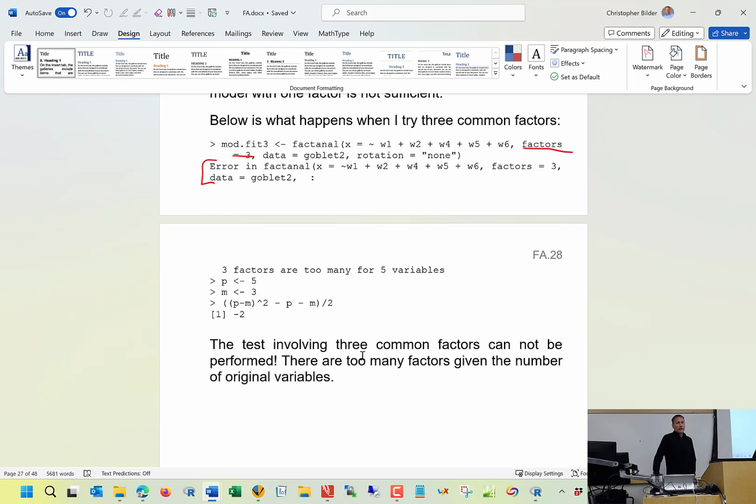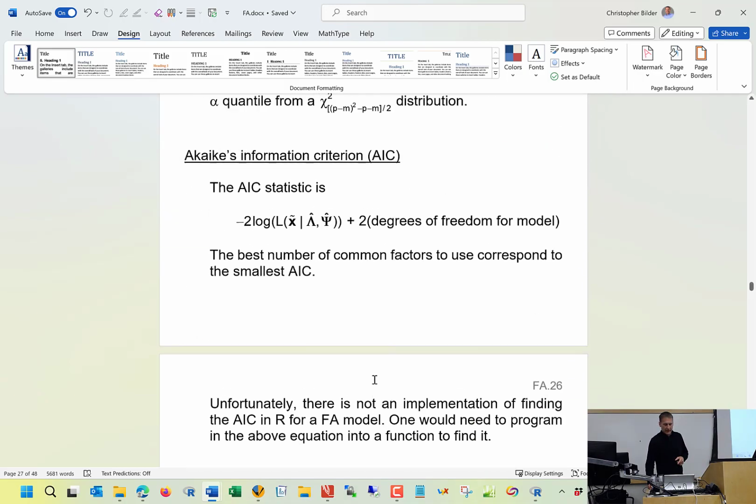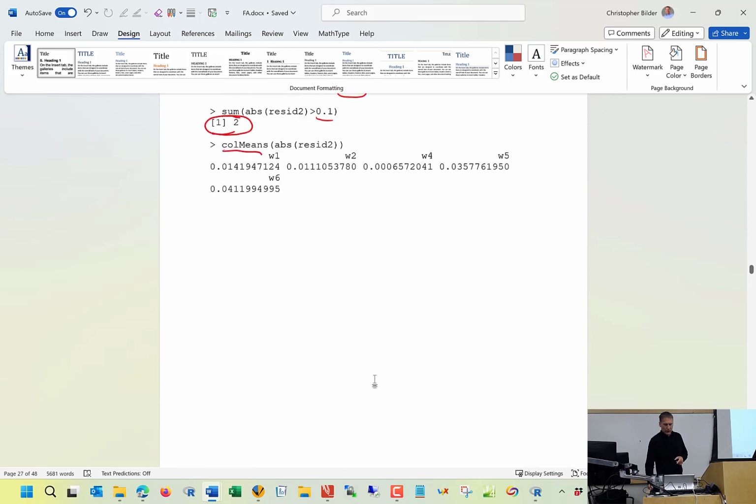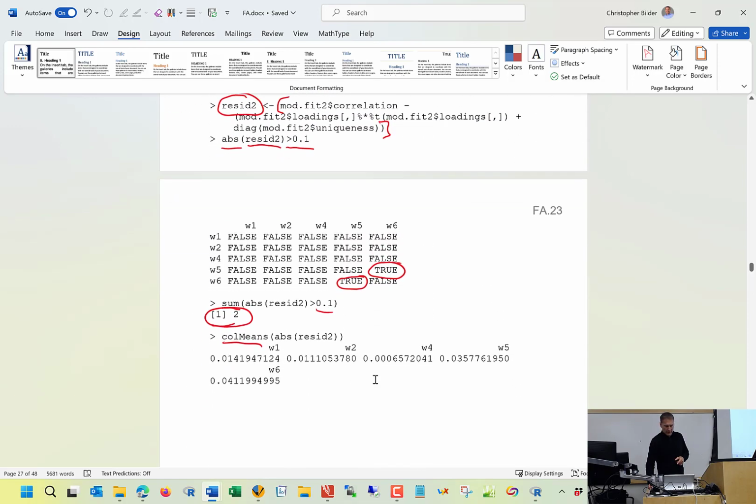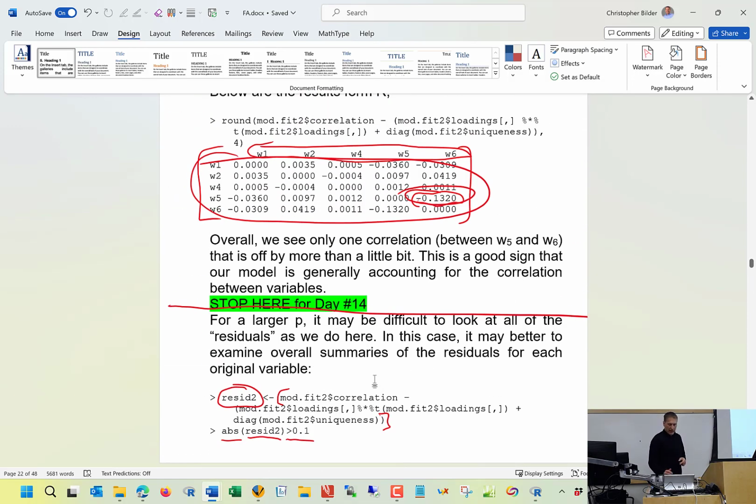I can use 1, I can use 2. 2 is definitely better than 1. And from a practical context, if I go back to my residuals for the 2, there was maybe a little bit of concern in only one case, but it really wasn't that much. And so based upon this, I'd be satisfied with 2 common factors. I wouldn't really have a problem with using it.